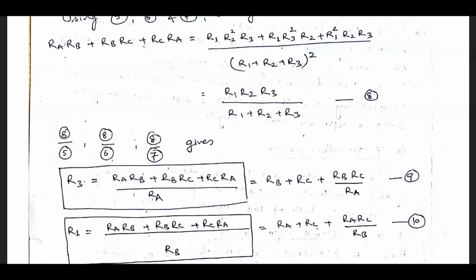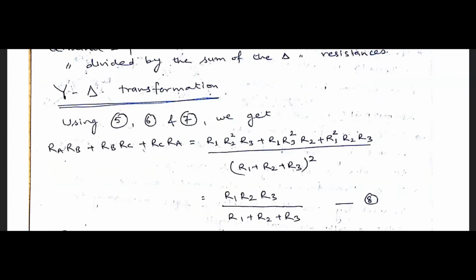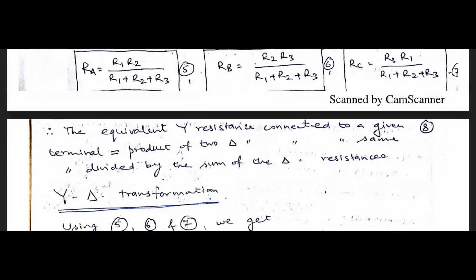Now we want the star to delta transformation, which means we have the values of RA, RB, RC, and we have to get the corresponding values of R1, R2, R3 in terms of RA, RB and RC. How are we going to achieve that? Equation 8 is with us and equations 5, 6, 7 are also with us. What is the similarity between equation 8 and 5, 6, 7?